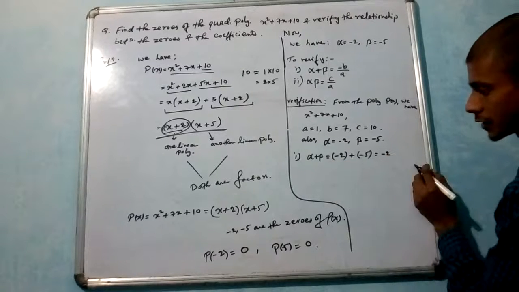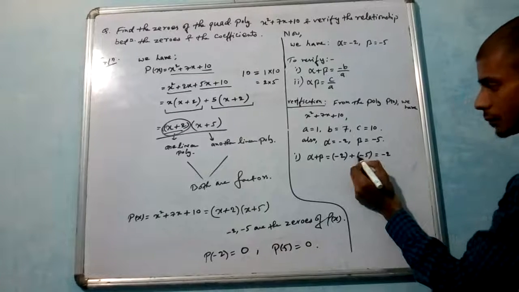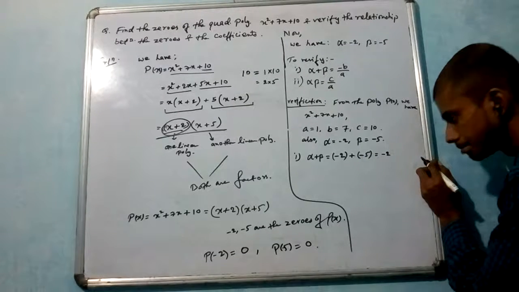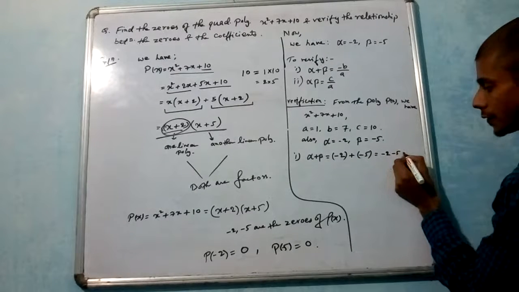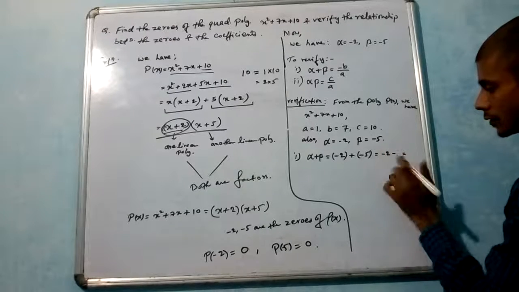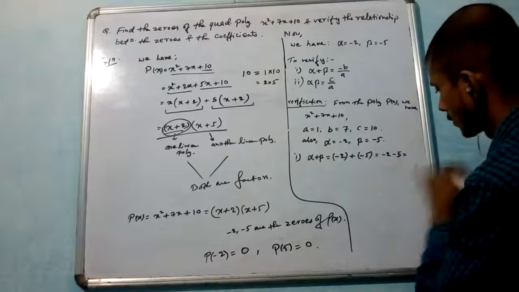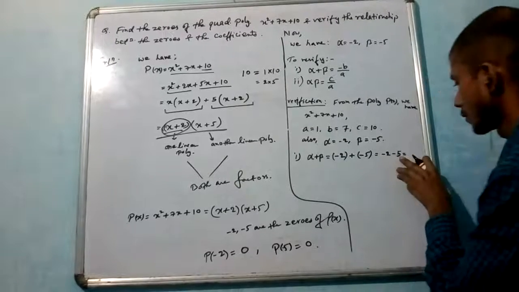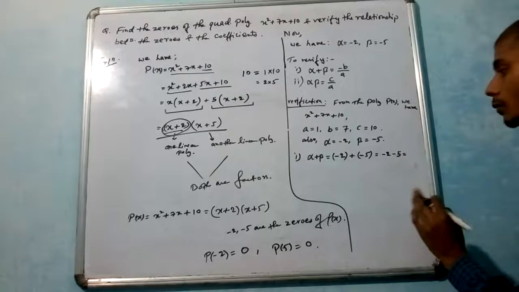When you open the bracket, plus and minus signs get multiplied, so plus into minus gives minus 5. So minus 2 minus 5.